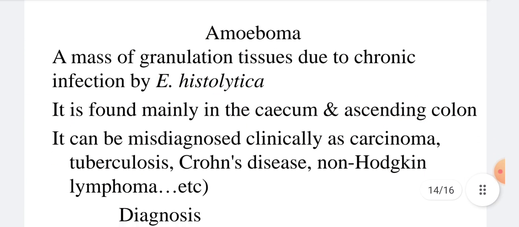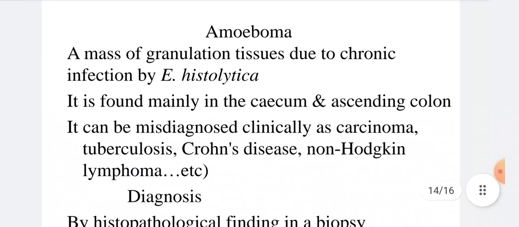Amoeboma. It is a mass of granulation tissue due to chronic infection by Entamoeba histolytica. It is found mainly in the cecum and ascending colon.